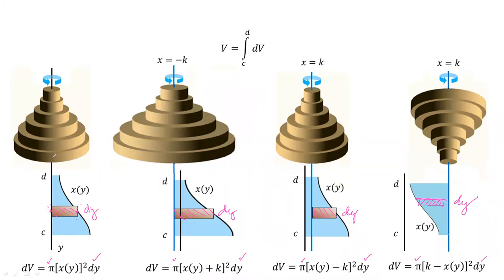The y, or rather this y-axis has an x equal to 0. Okay, your x here is equal to 0. So you have here this minus this. And what is this? That's your x of y. A function which is in terms of the y. So you have x of y minus this one. Your x here is equal to 0. So minus 0 lang. So you have x of y squared.